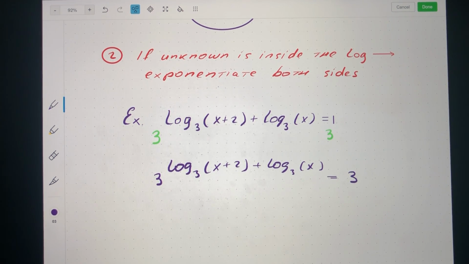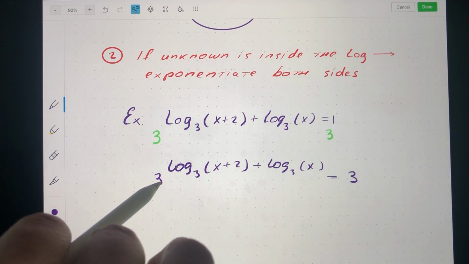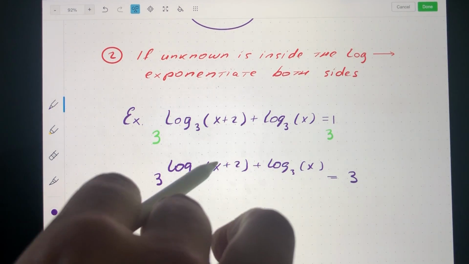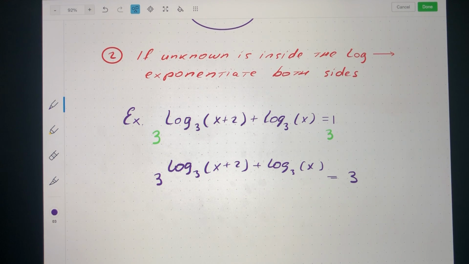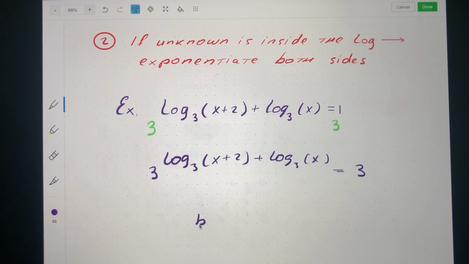Now here we have one base, and in the power we're adding 2 items. That is the same as having b to the power m plus n, and that happens when we have the same base and we're multiplying the 2 quantities.